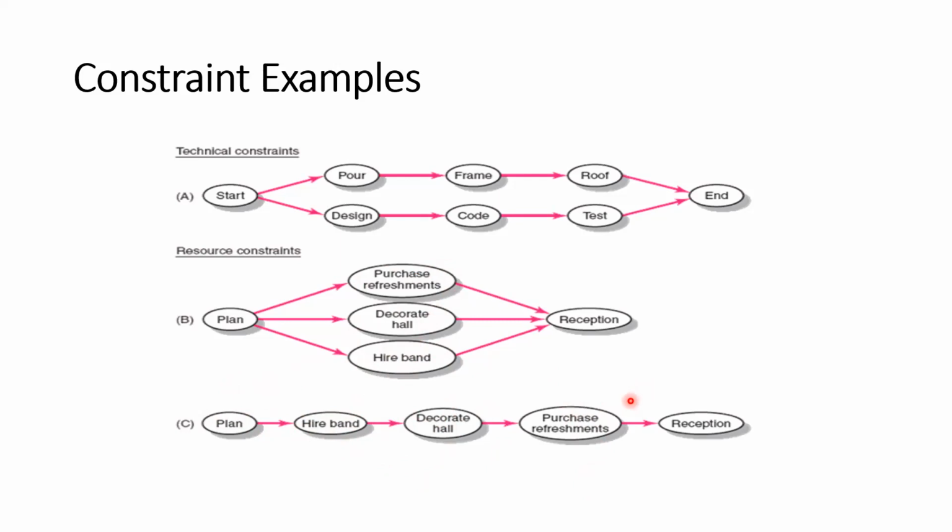If they do not have any resource constraint, they can do these three activities in parallel. But according to that example, the hotel has only one manager to do all these three tasks. Therefore, these three tasks cannot occur in a parallel manner. We have to take one activity first, finish it, and then go for the next activity.